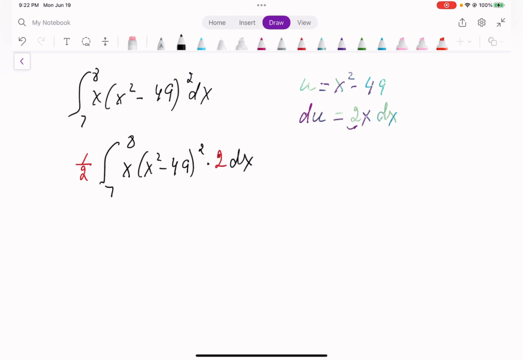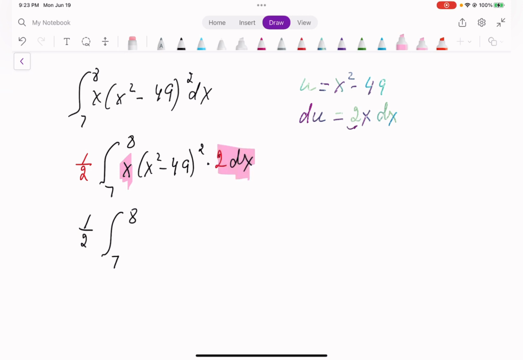Yes, so from here we are going to have 1 over 2, integral from 7 to 8, and it's going to be 2x dx. That is going to be our du.